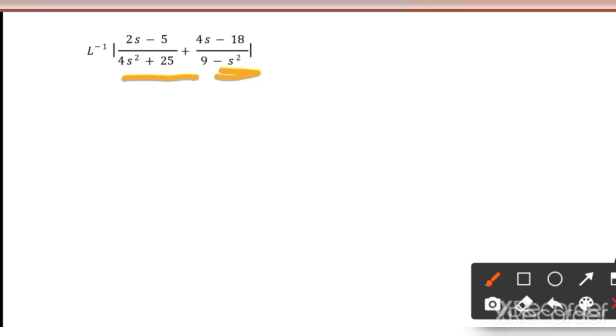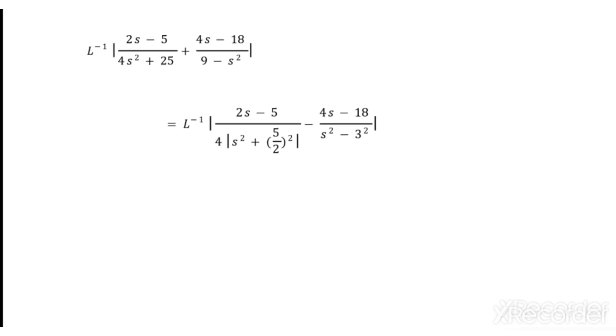So from the first, I can take out 4 from 4s square, so make the coefficient unity. If I take it out, I'll have s square plus 25 by 4, or I can write s square plus 5 by 2 the whole square, so that I can identify a. Similarly here, 4s minus 18 by s square minus 3 square.